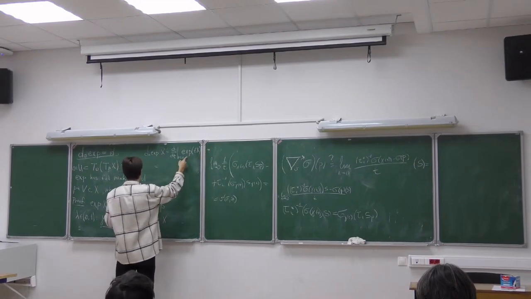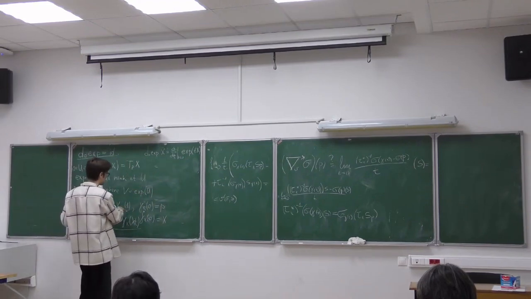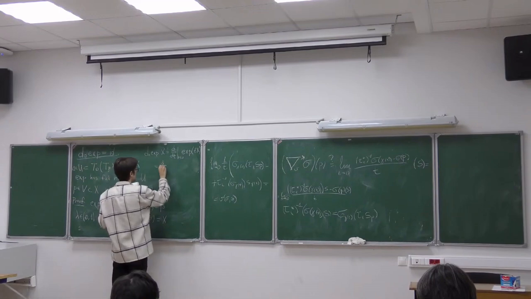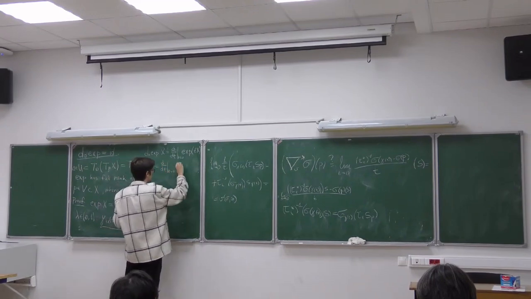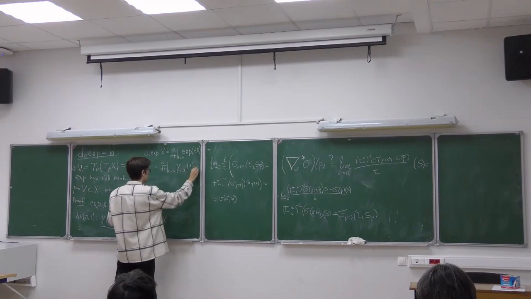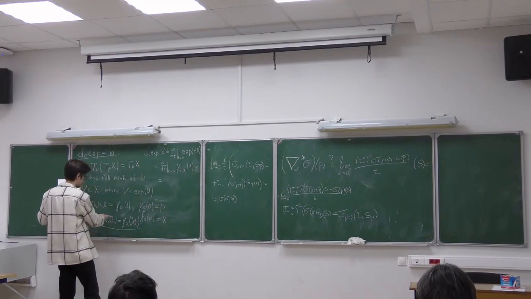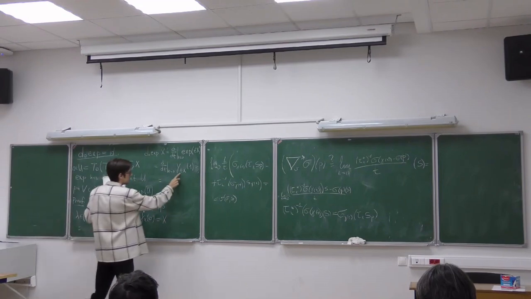We know that exp of x is gamma_x at point 1, so we will write it as gamma_x(1). Using this, we can put t here.